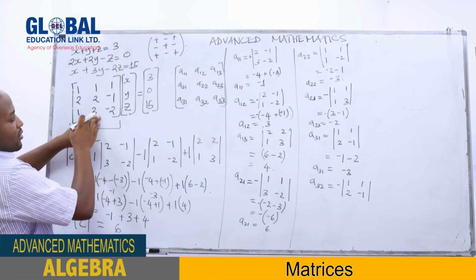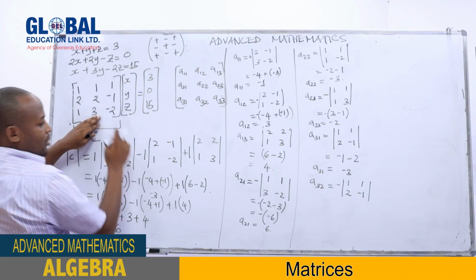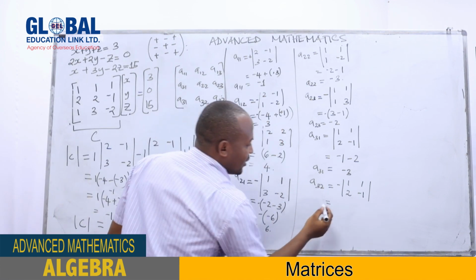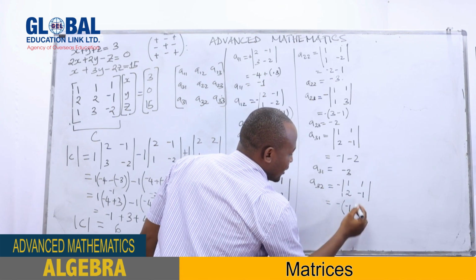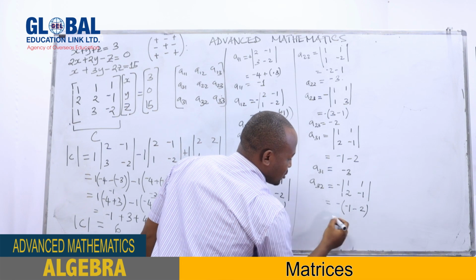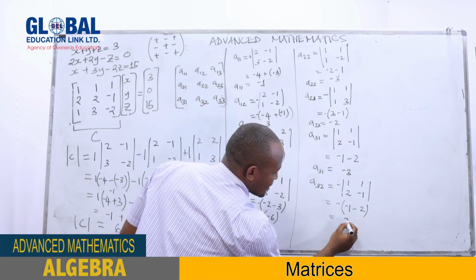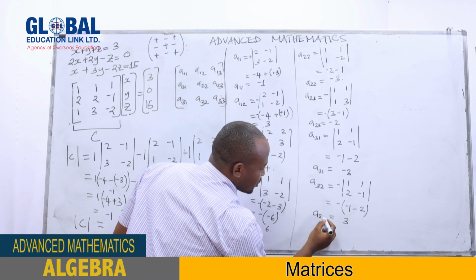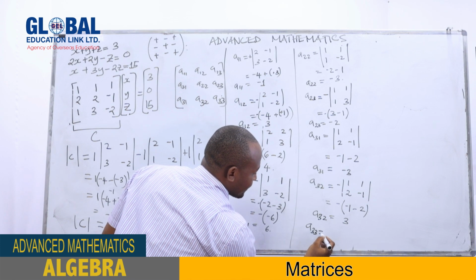Let us assure ourselves: 1, 1, 2, negative 1, and then it's negative 1 times 1 minus 2. So we are left with negative 3 inside times that negative, it's positive 3. That is A3, 2.